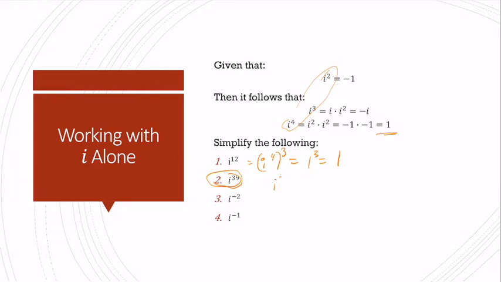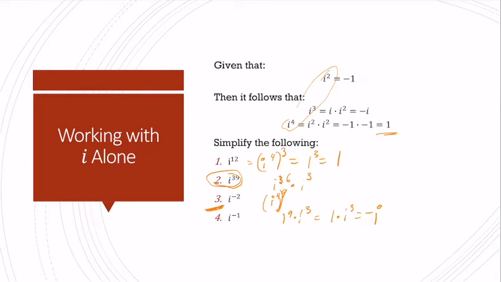Okay, so this could be i to the 36 times i to the third. i to the 36 is i to the fourth to the 9th, right? Well, that's going to be 1 to the 9th times i cubed, which is just 1 times i cubed, which is just negative i.